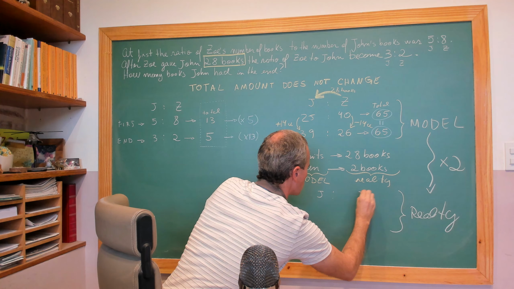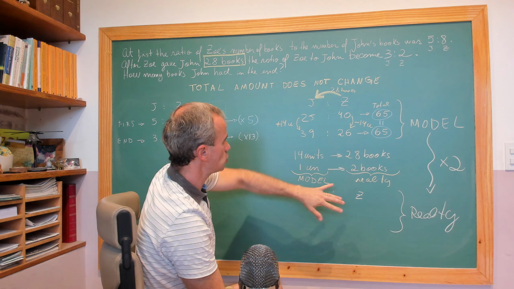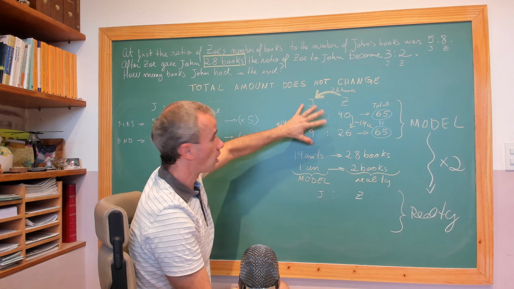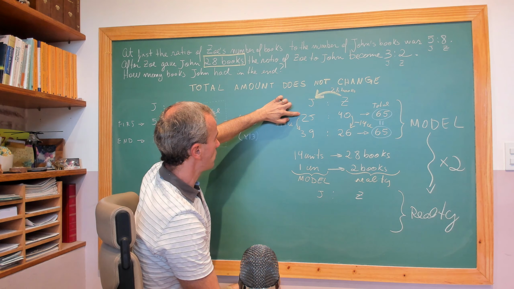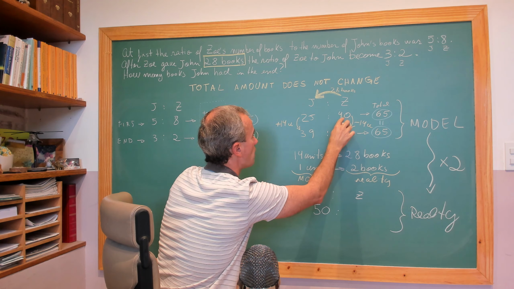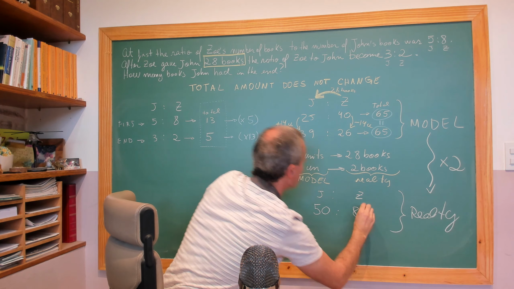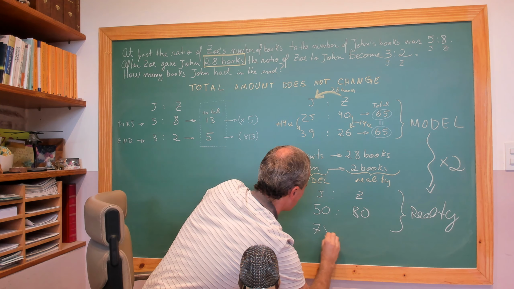John, Zoe, 25. Everything times 2, because 1 unit here in the model means 2 units in reality. So while I have 25 here, I have 50. While I have 40, I have 80. While I have 39, I have 78.